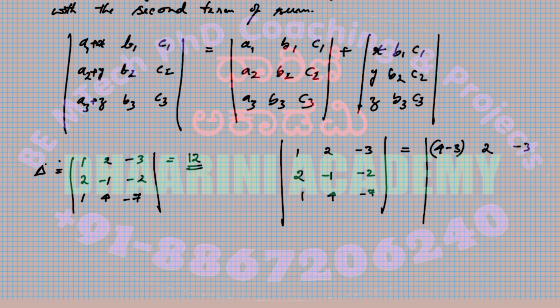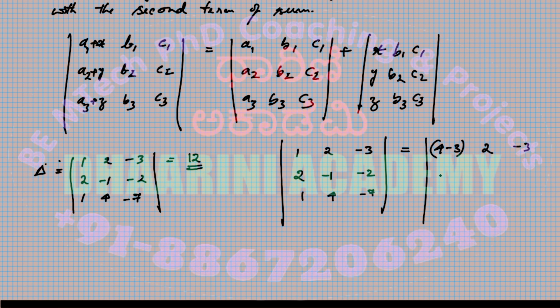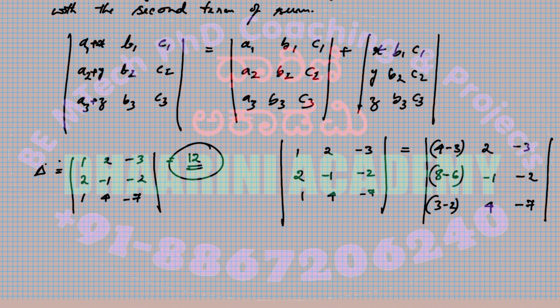The other elements we write as they are, minus 1, minus 2. Then I need to give 1 here, so this is 3 minus 2, which is 1, 4, minus 7. Anyway, this determinant is 12, we know that.